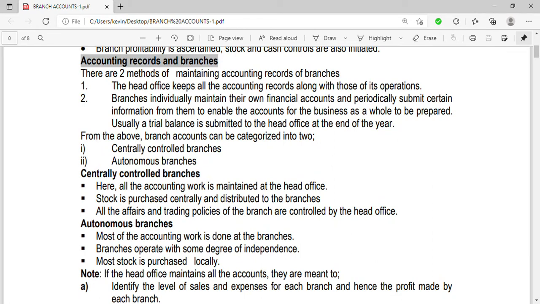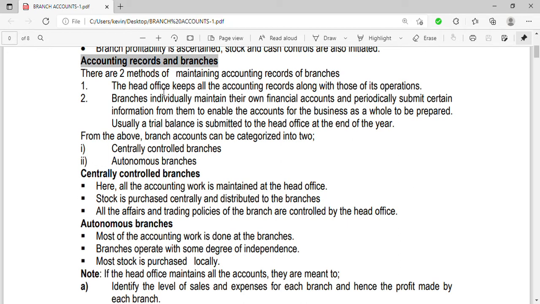First, the head office keeps all the accounting records with those of its operations. Then secondly, branches individually maintain their own financial accounts and periodically submit certain information to enable the accounts for the business as a whole to be prepared.